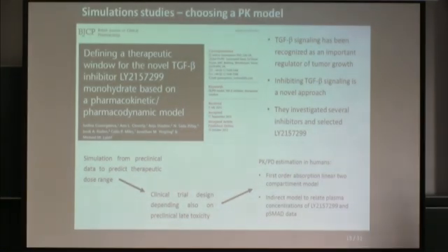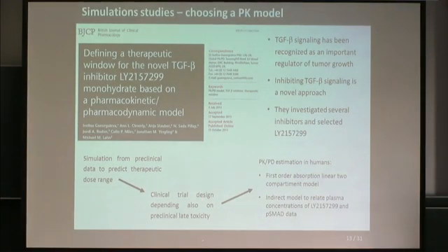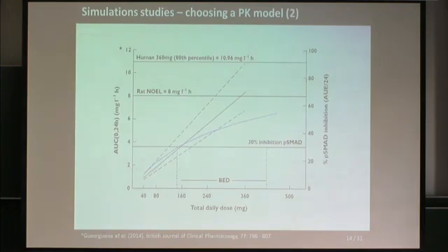And then they did the clinical trial and estimated the PK/PD afterwards, using a first-order absorption linear two-compartmental model for PK and an indirect model relating plasma concentration and PD data.